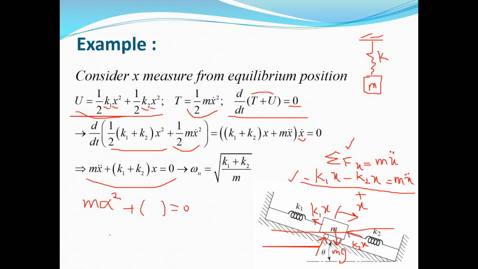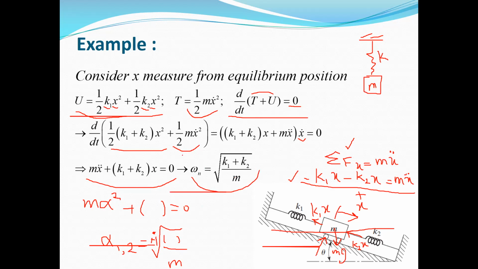From here, you can extract that alpha 1 and alpha 2 are equal to plus and minus the square root of k1 plus k2 divided by m, times i. So this is the natural frequency, which is the eigenvalue for this system.